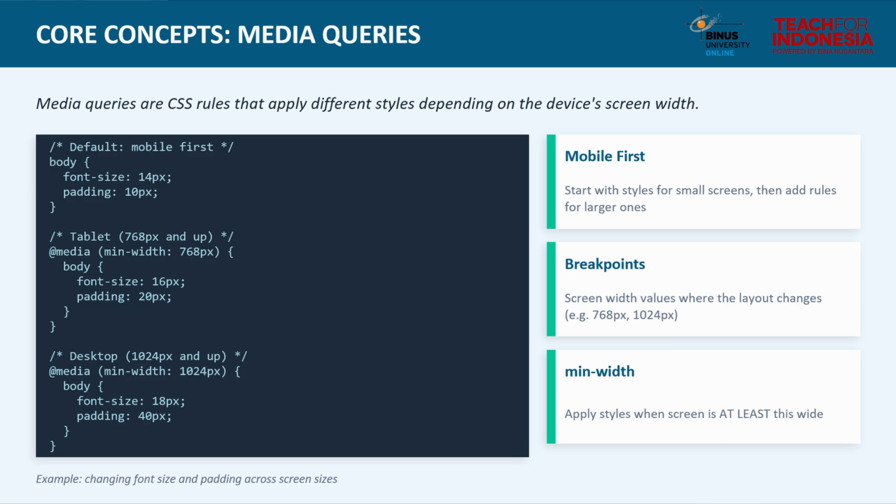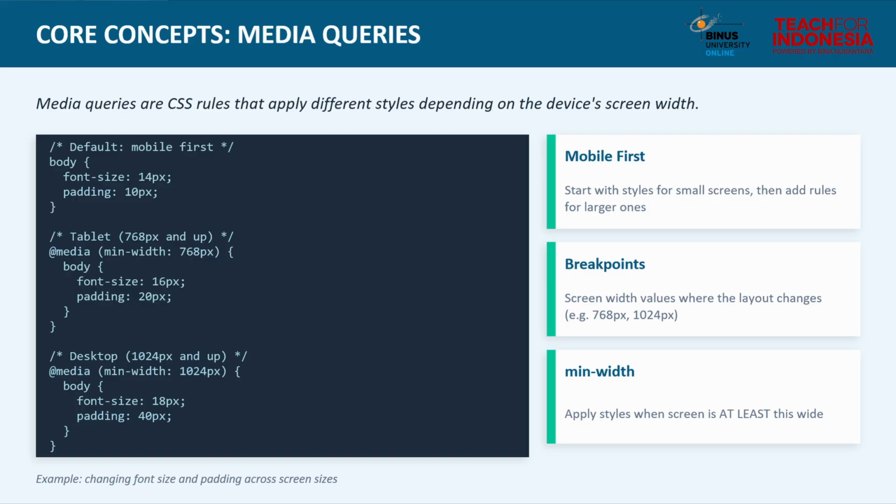Looking at the code example on the slide, at the base level, we set a font size of 14 pixels for mobile screens. Then using @media with minimum width of 768 pixels, we increase it to 16 pixels for tablets. And at 1024 pixels and above, we go up to 18 pixels for desktops.